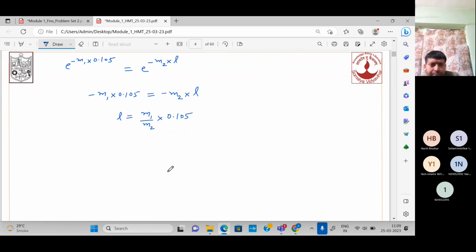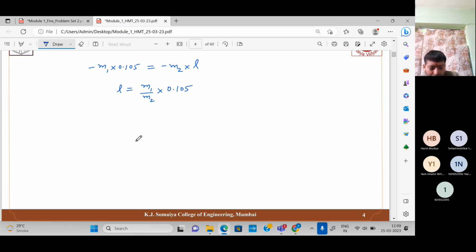Okay. Now we have to find this ratio m1 by m2. So we know this m1 for the brass rod is equal to root of hP by kA. We know this. Here the thermal conductivity for the brass is something different, so we will say this as K1 for the brass.